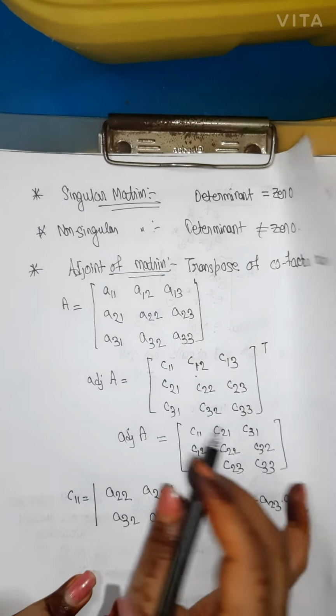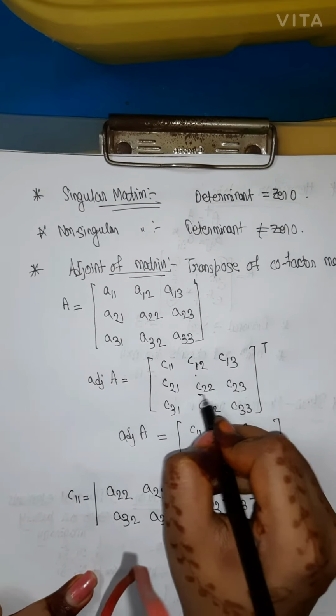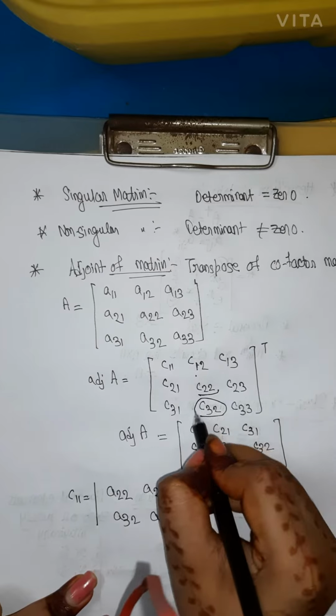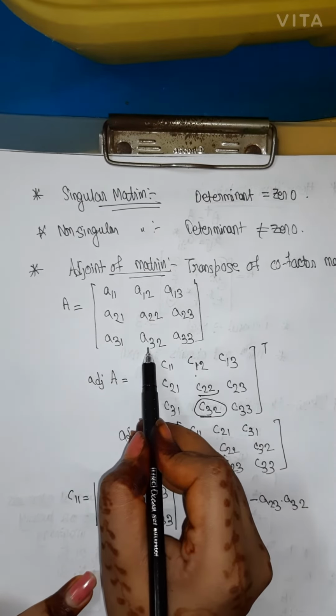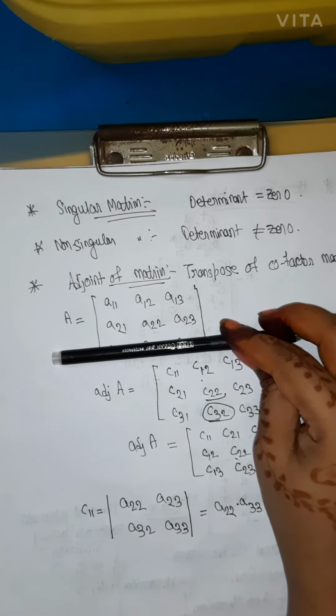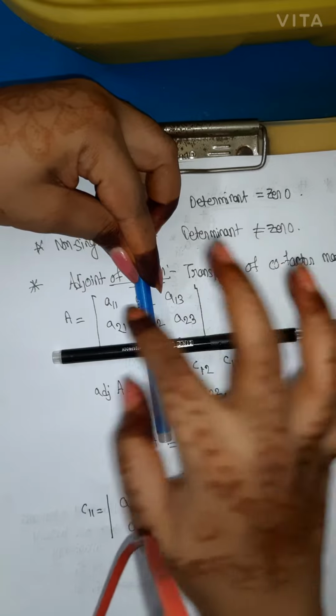Now let us calculate some other non-diagonal cofactor term. Let us calculate C32. C32 means this is the corresponding element. So we will cover the corresponding row and the corresponding column. What we are left with? The 4 elements.